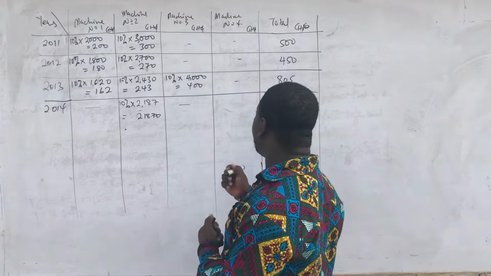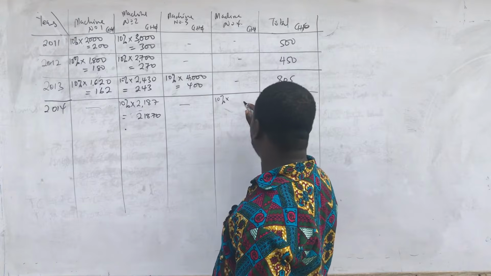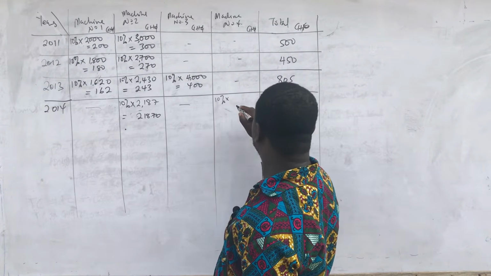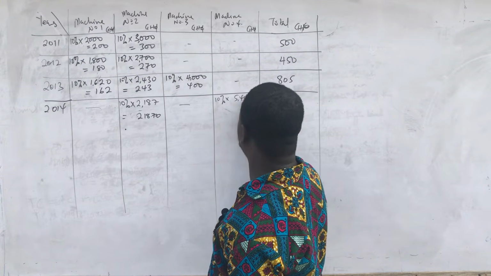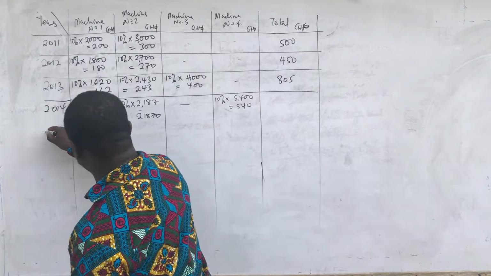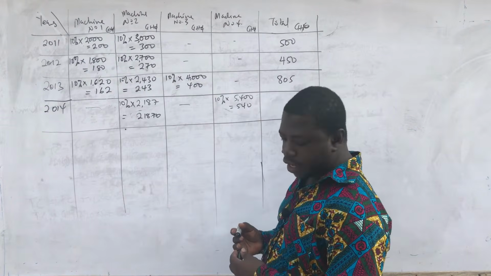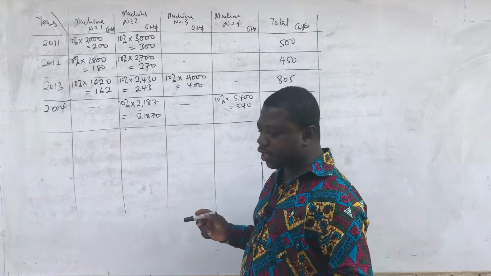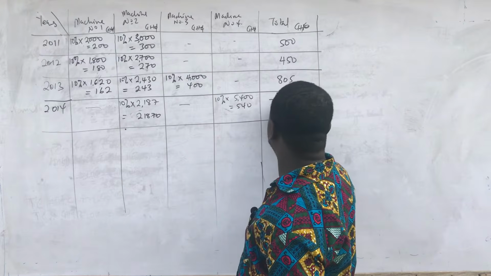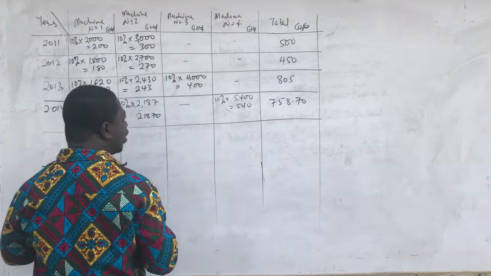And we are told a full year's depreciation should be charged in the year of acquisition, and so times 5,400, we have a depreciation of 540, and that is the end of our depreciation for 2014. And so when we add these two figures, we are getting a total depreciation of 758.70, and that is what we have.